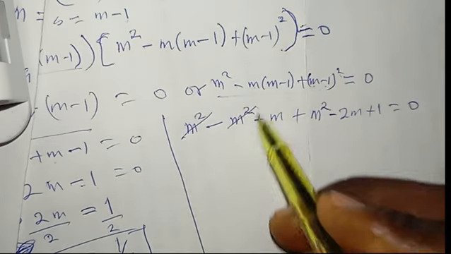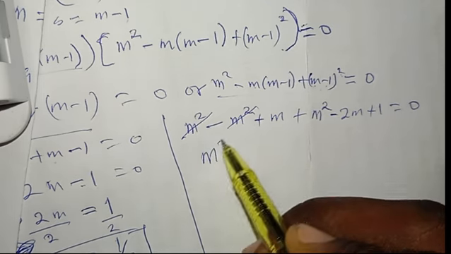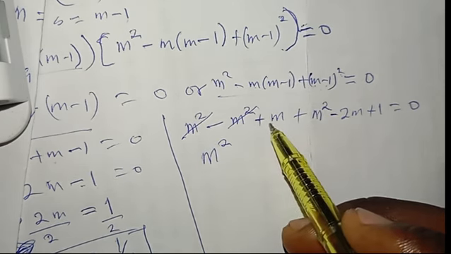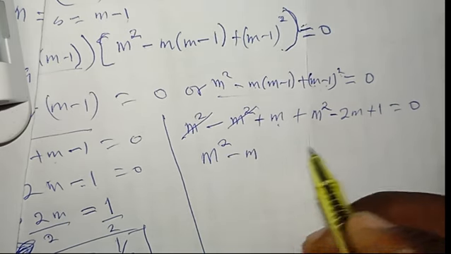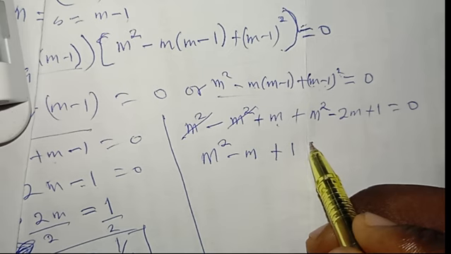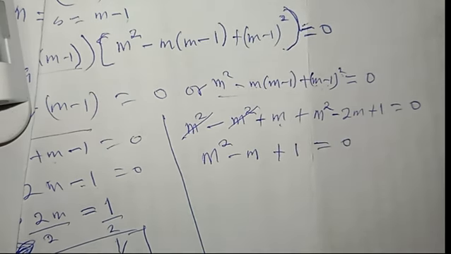Okay, so moving on, what I'm going to do is to simplify. This one can actually cancel this, and then I'm left with this m squared. Okay, and then of course plus m minus 2m gives us minus m plus 1 is equal to 0. So that gives us another quadratic equation which is not factorizable.